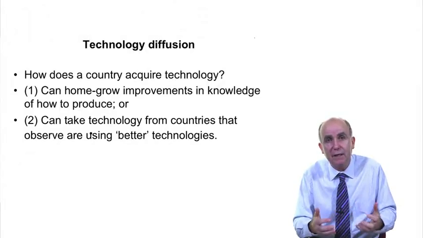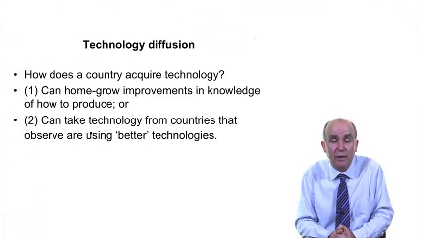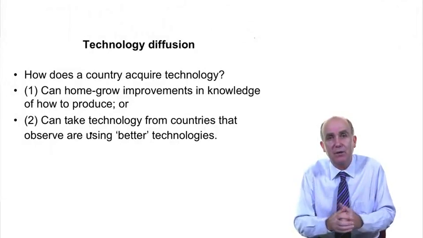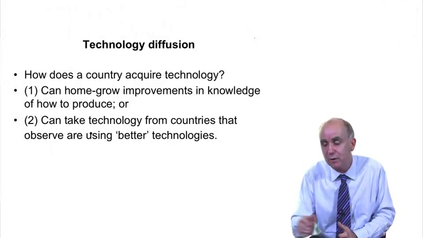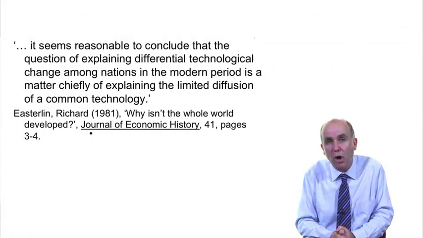So if we think that economic development is, to at least some degree, about differences in technology, and if we think that the main way that poor countries could be acquiring better technology is by taking that technology from rich countries, then an important question is, why isn't technology diffusing from rich countries to poor countries?